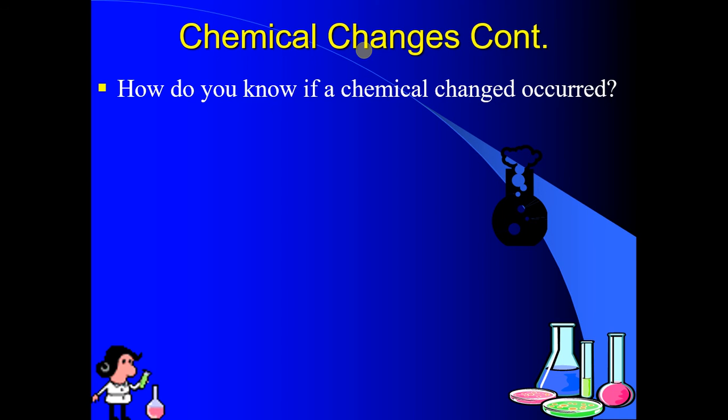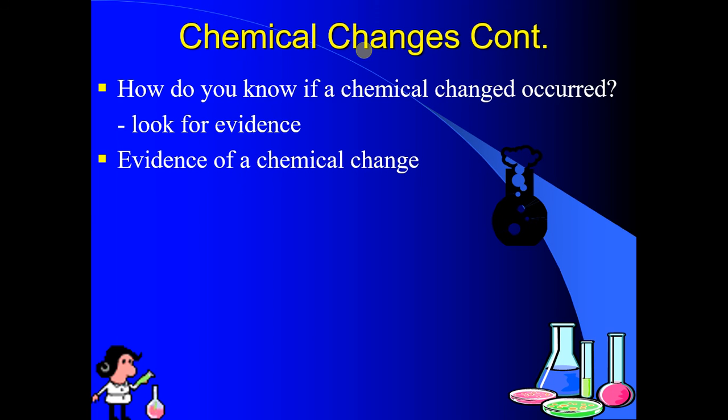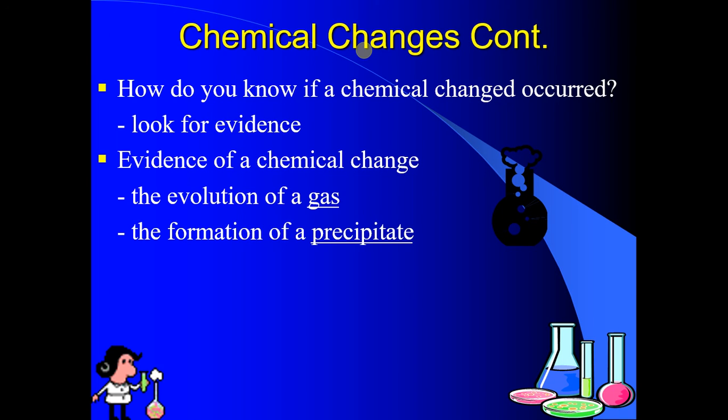So one thing we want to think about is how do we know if a chemical change has occurred? Well, there are some things that we can use as evidence. So, for example, if bubbles are made, if gas is being produced, that's a sign of a chemical change. If a solid is forming when we mix two liquids together, that's called a precipitate. When we mix two liquids and we make a solid substance, that's called a precipitate.